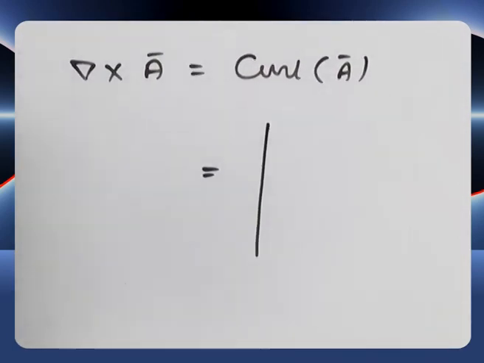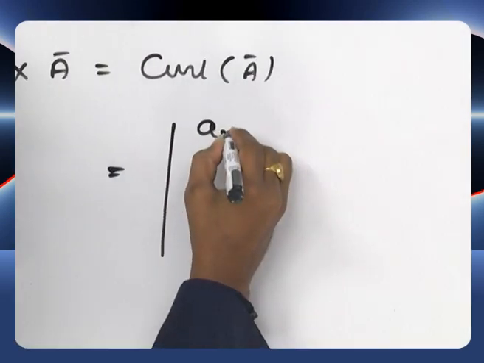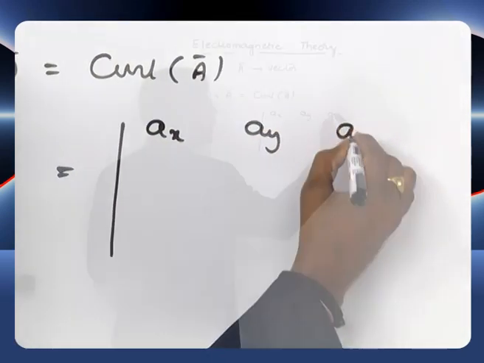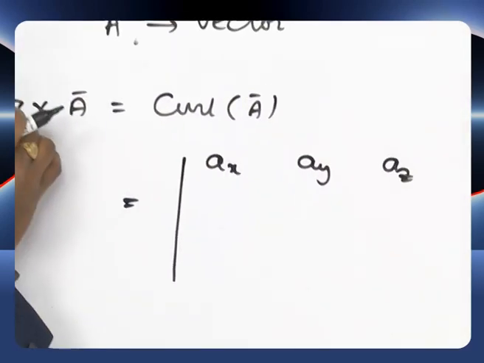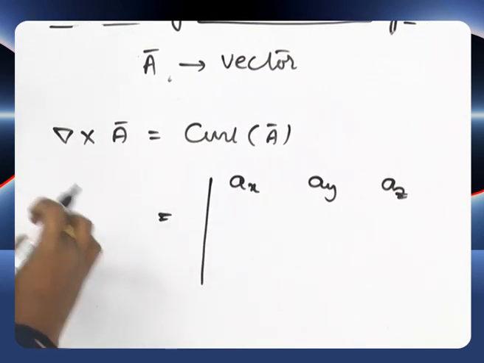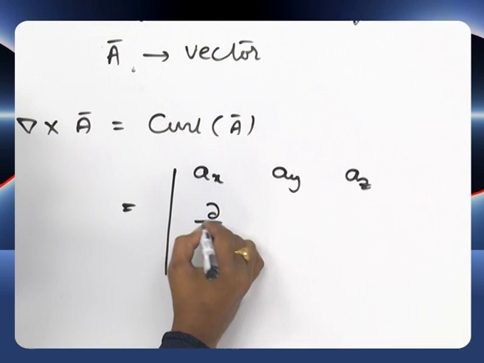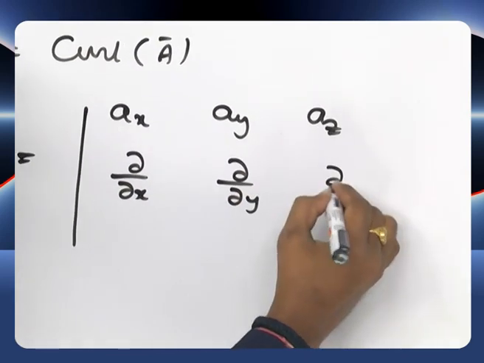If you consider the rectangular coordinate system, the unit vectors are ax, ay, az, and the components of the first vector, since the del operator is defined as dou by dou x ax plus dou by dou y ay plus dou by dou z az, are dou by dou x, dou by dou y, dou by dou z.